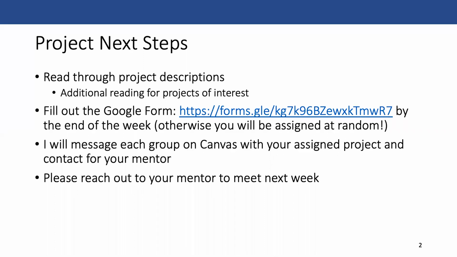Once you've done that, then by the end of the week, please fill out the Google form listed here. I will also post this on Canvas. If you don't fill this out, you're going to be assigned at random to a group. Unless you don't care about that, please make sure to fill out this Google form.